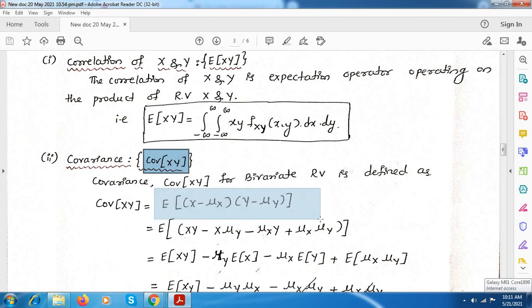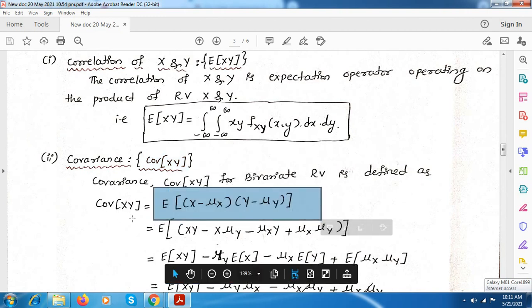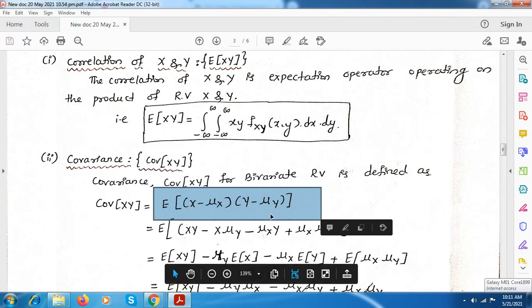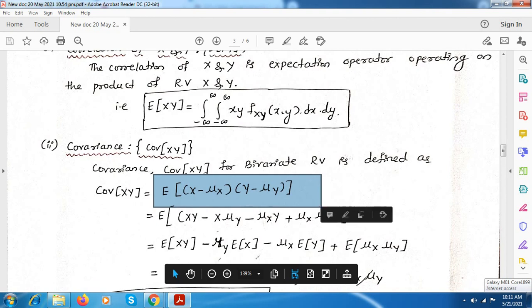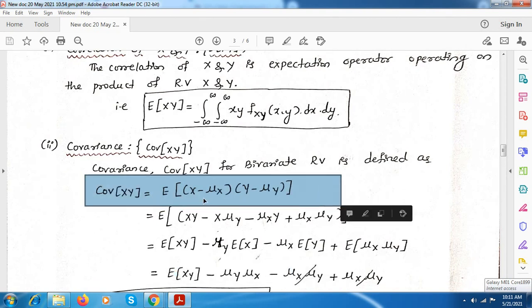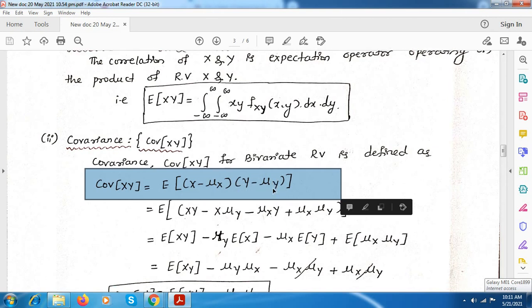Same equation. In variance, we used to write variance as expectation of x minus mu x whole squared. Here we are writing expectation of x minus mu x into y minus mu y. Here there are two random variables, so for both the random variables, we have to subtract the mean value. Here mu x for the x random variable, and mu y for the y random variable.